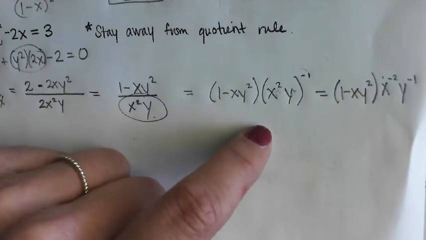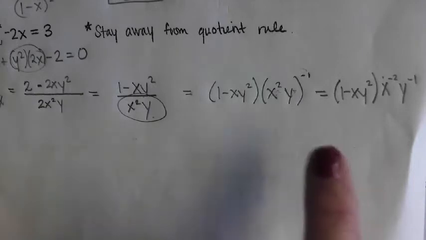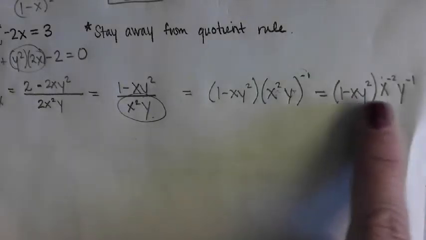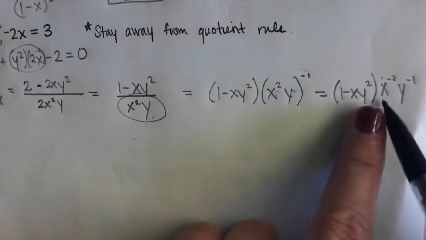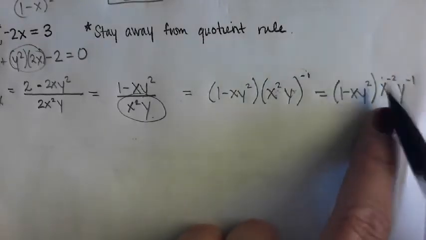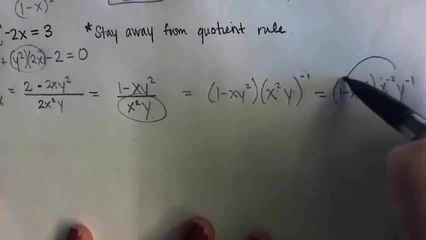And I definitely am not going to do a product rule within a product rule, because if I looked at it as first piece, second piece, that would be a product rule, and then I would have a product rule within the second piece, which I don't want. So I actually am going to distribute this.